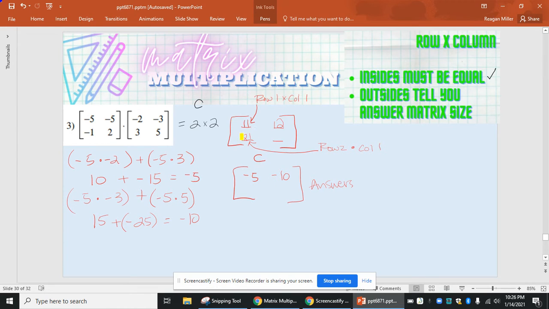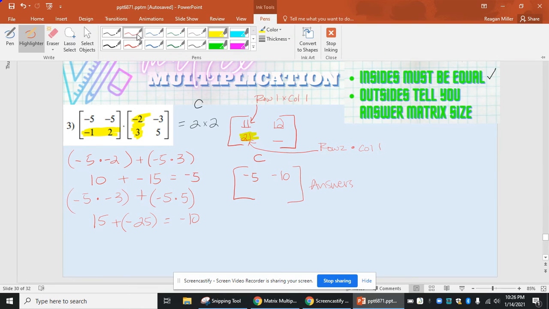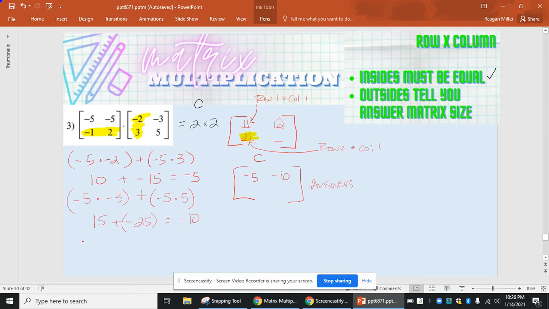So for this position 21, I'm going to take row 2 in the first matrix and I'm going to multiply that by column 1. Okay, so what that looks like is I'll take -1 and I will multiply it by -2, taking those numbers.